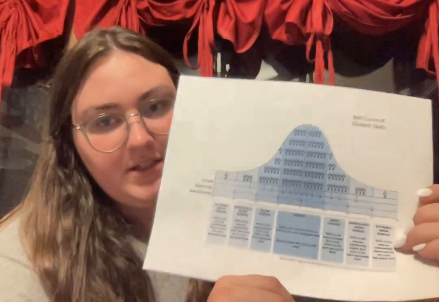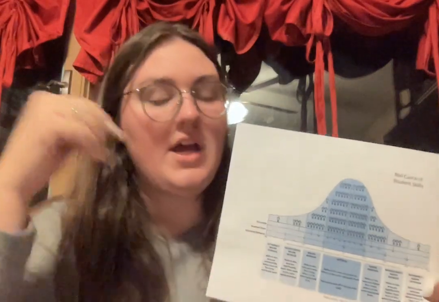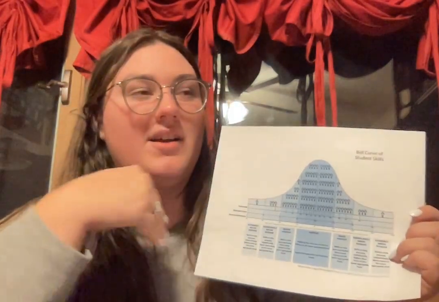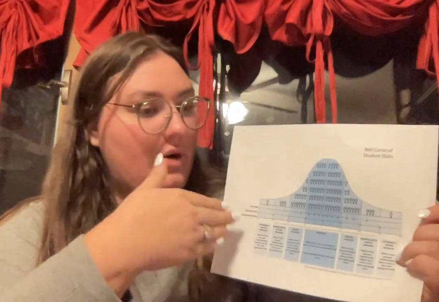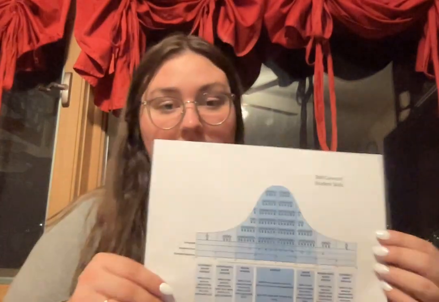So this will tell us where on the curve Sherlock will lie, and depending on where he lies on the curve will show us whether he is doing as well as most of the other students in his grade, if he is excelling, or if he needs a little bit more help.